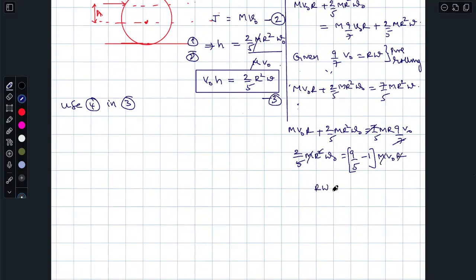So r omega naught is 4 by 5, that is 2 v naught. This is your equation 4.